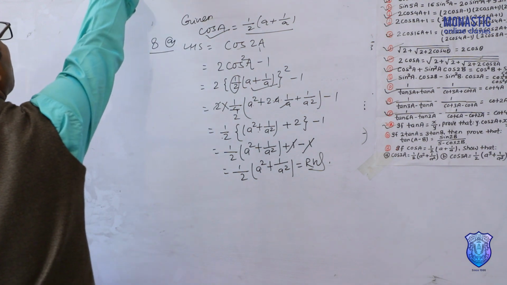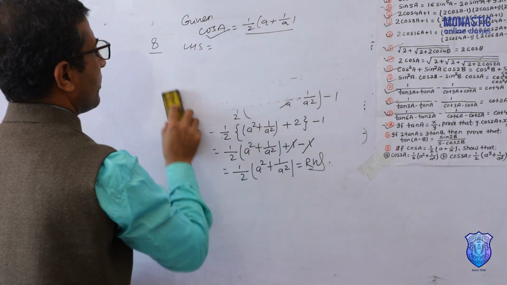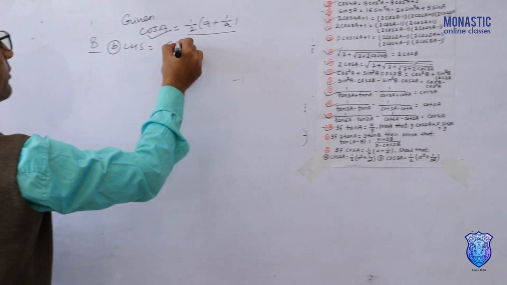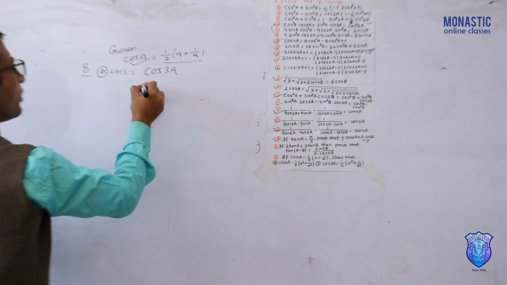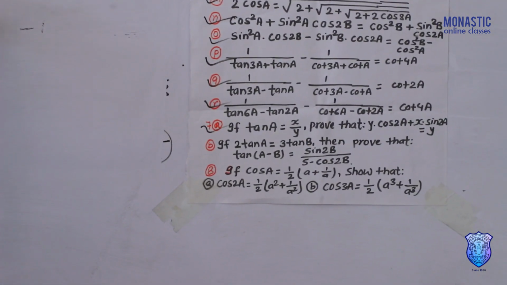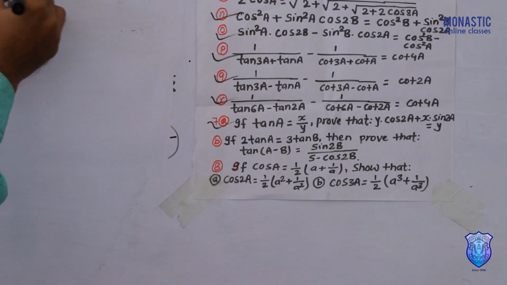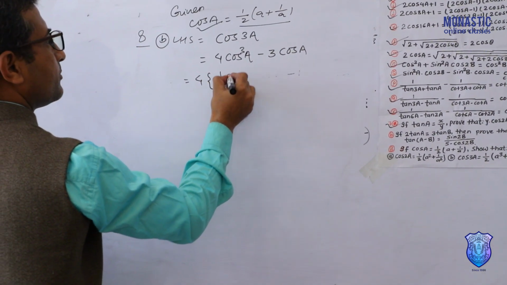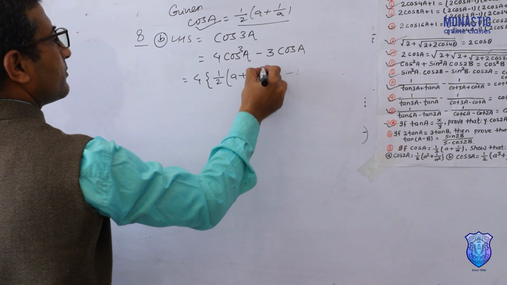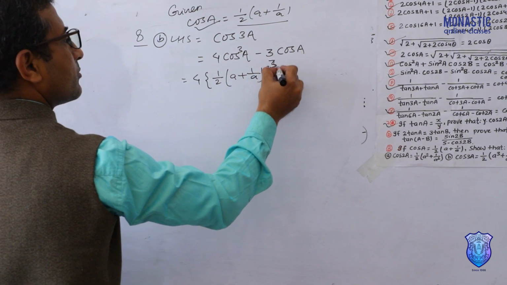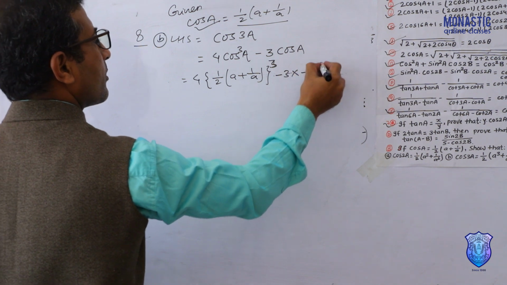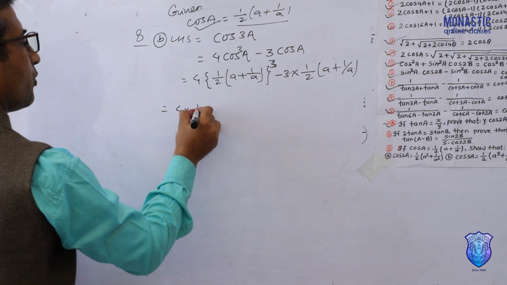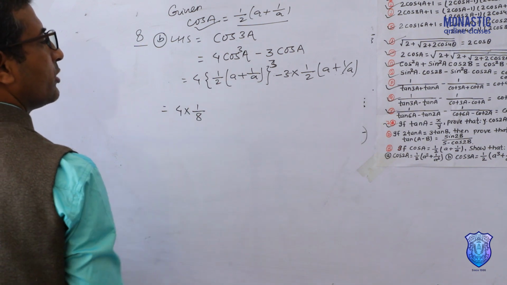And in question B, in place of cos 2A, it is cos 3A. So what's the formula of cos 3A we have? 4 cos cube A minus 3 cos A. Now put the value of cos A. Now write the cube. 1 by 2 cube is 1 by 8.